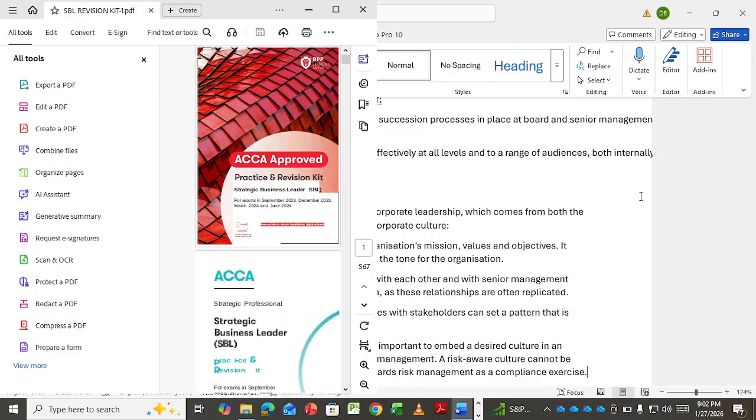Also, it will be the responsibility of the board members to interact with the senior managers and understand if they are replicating the same information to the members below them.